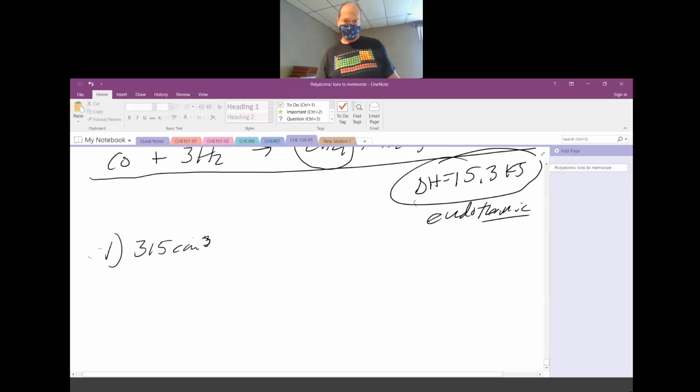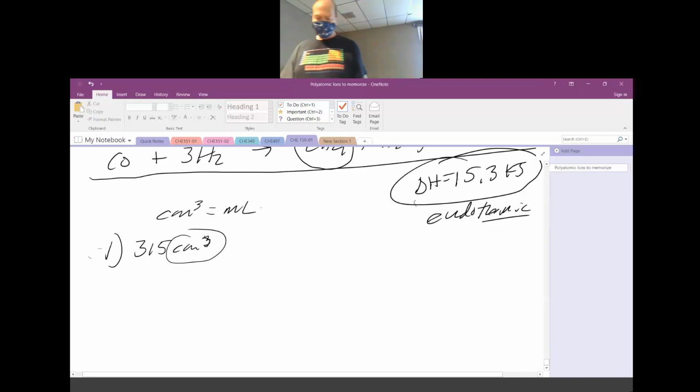Remember, you also have to know that a centimeter cubed is exactly the same as a milliliter. All right, of gas is compressed at constant temperature to 0.0457 centimeters cubed or milliliters.